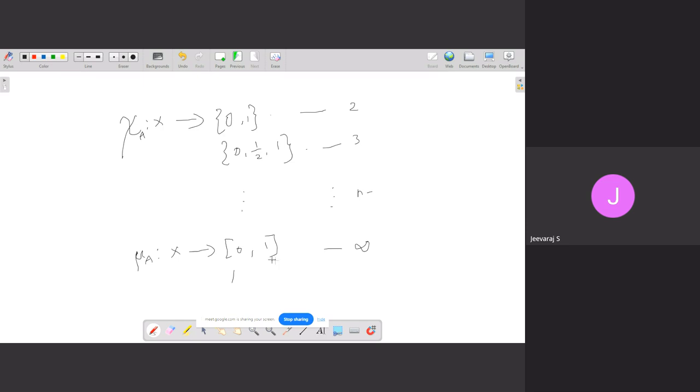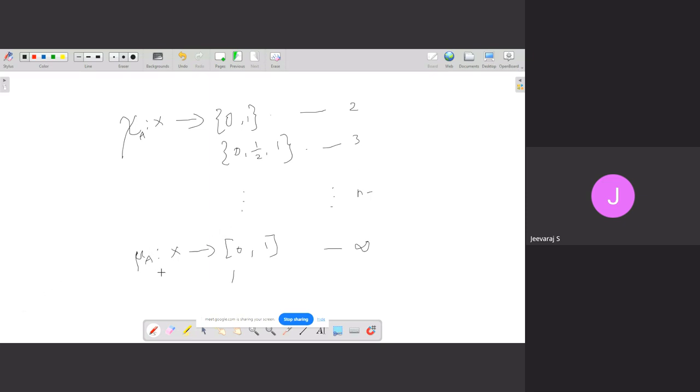So how are we going to define fuzzy sets now? In the case of classical sets, what do we have basically? We have a 2 logic. By means of 2 logic, using the truth function or characteristic function, we define the idea of sets. In the same way, in the case of fuzzy sets, what do we have with us? We have an infinite logic. By means of one function, we are going to define a fuzzy set.